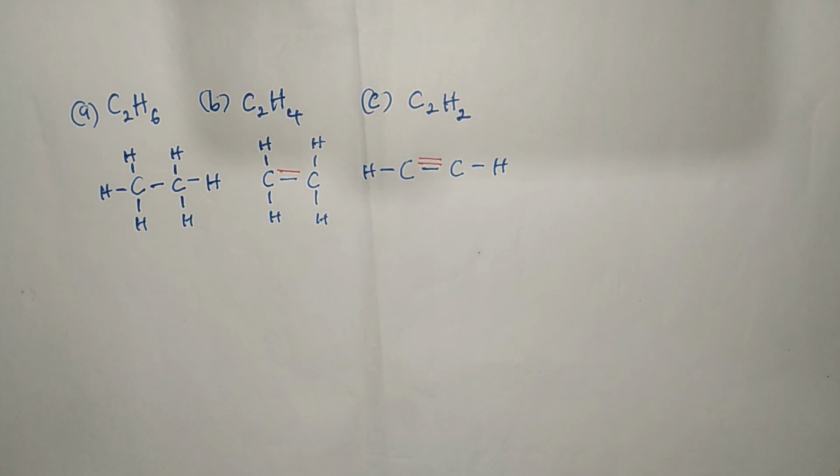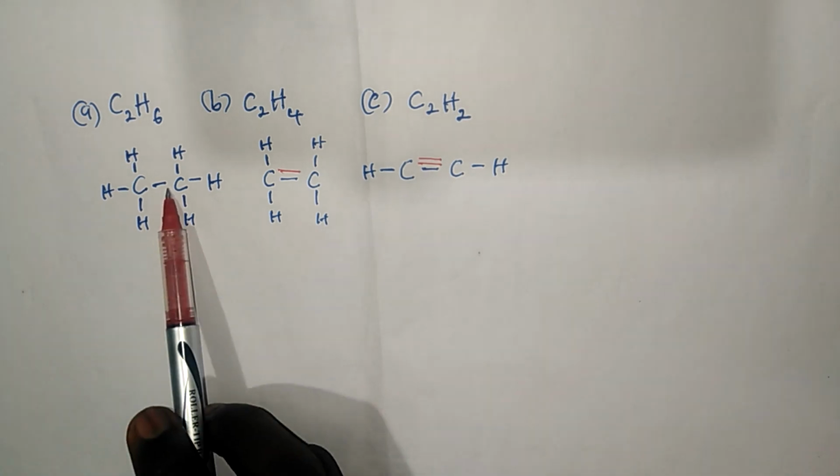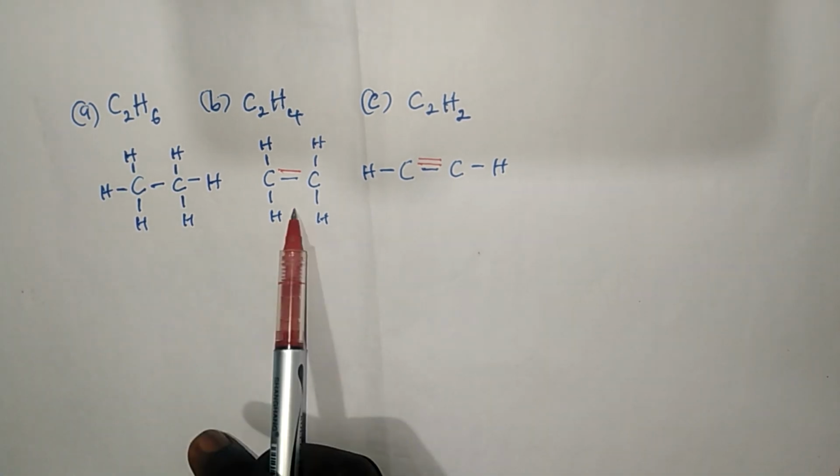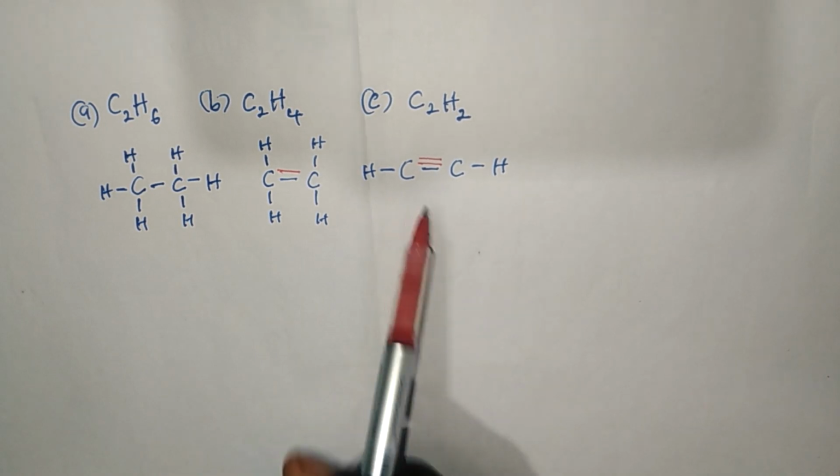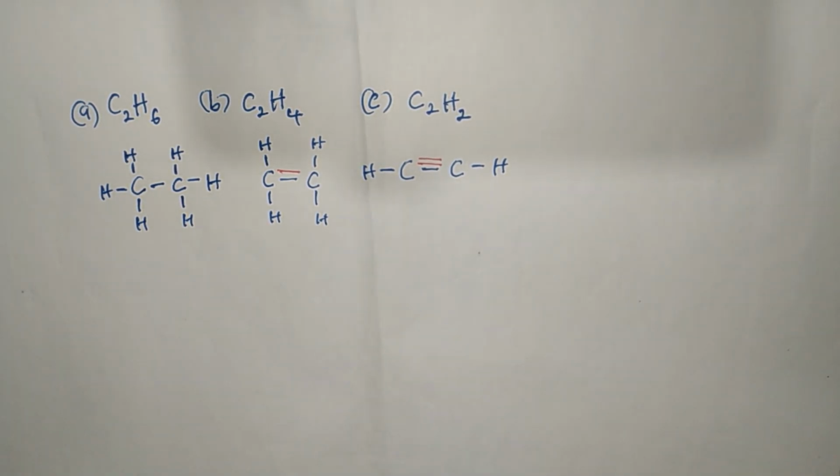Now, when you look at these 3 compounds, talking about bond strength, the strength between the carbon to carbon bond: for a carbon to carbon single bond, a carbon to carbon double bond, and a carbon to carbon triple bond, which is stronger?